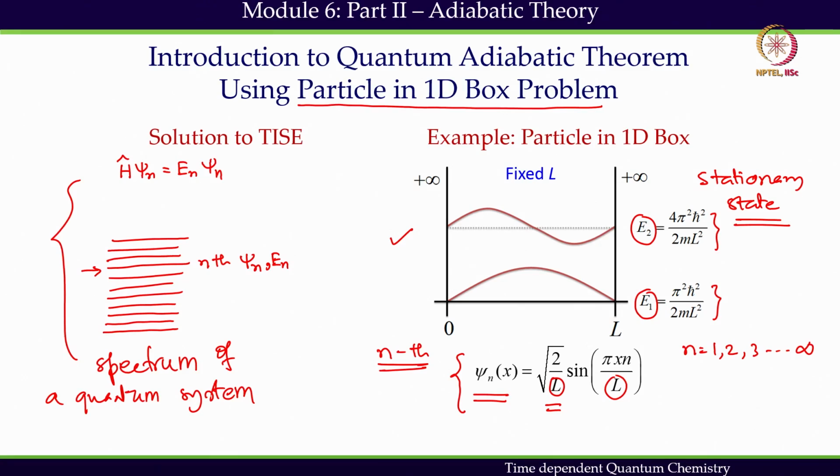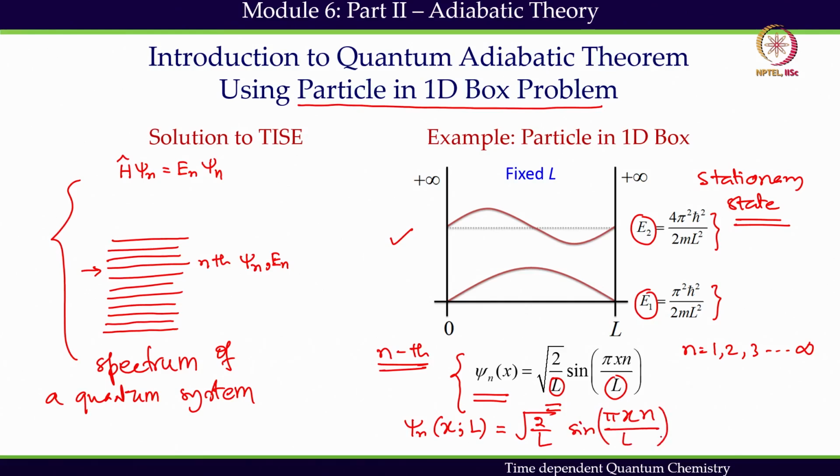This is why the nth stationary state wave function of the particle in a one-dimensional box should be more appropriately represented by this. We can write x, then semicolon, then L, equals square root of 2 by L sine of n pi x by L.